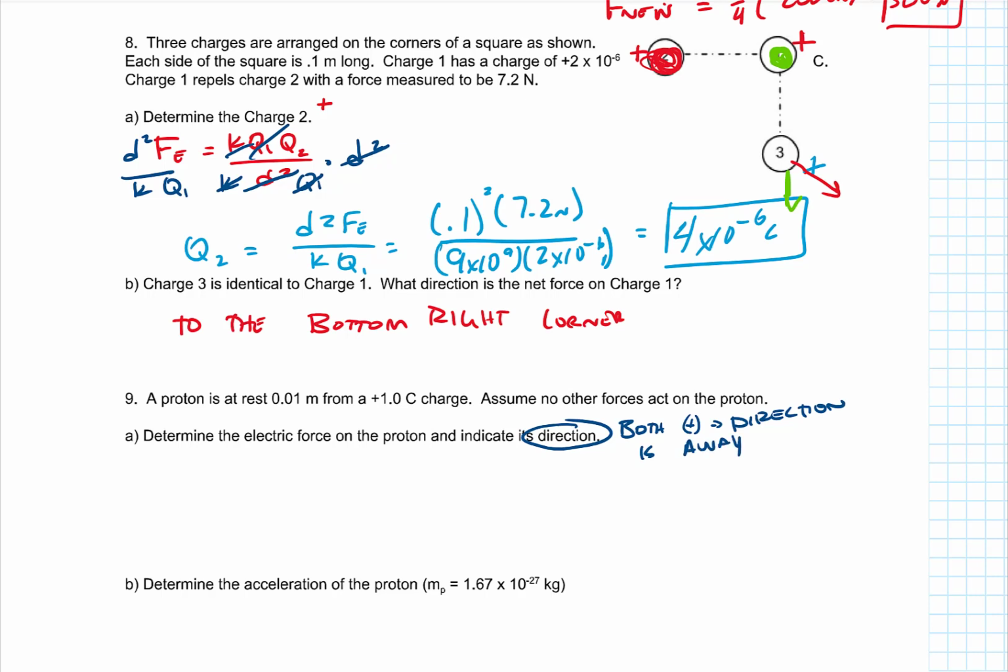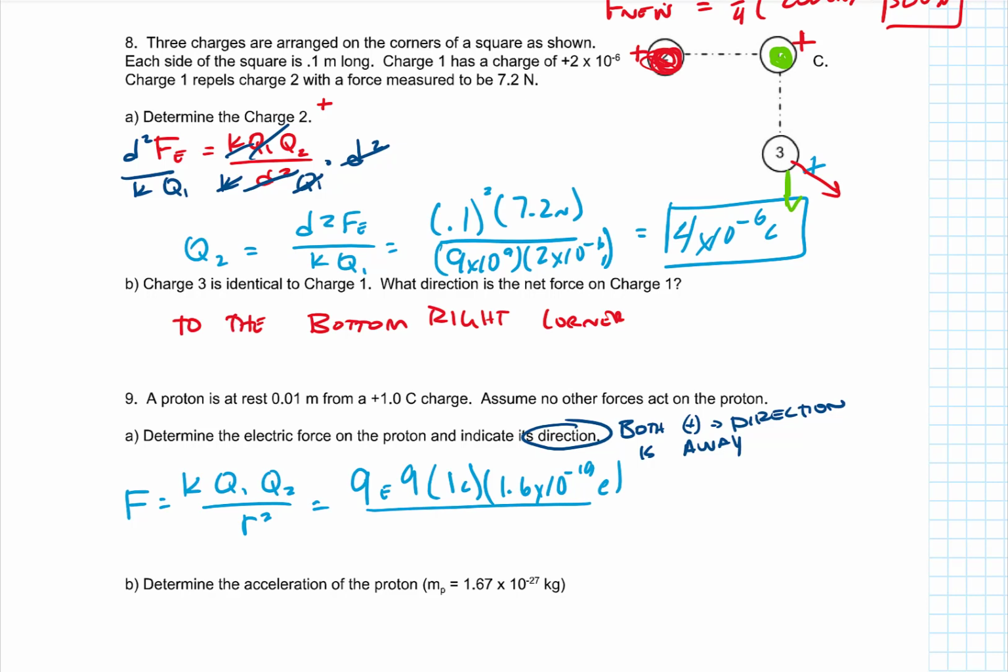So if I want to find the size of that force, it is kQ1Q2 over the distance separating them squared. So 9 times 10 to the 9th times 1 coulomb, that's the 1 coulomb charge, times 1.6 times 10 to the negative 19th coulombs, that's the electron charge, divided by the distance separating them, 0.01 meters quantity squared.